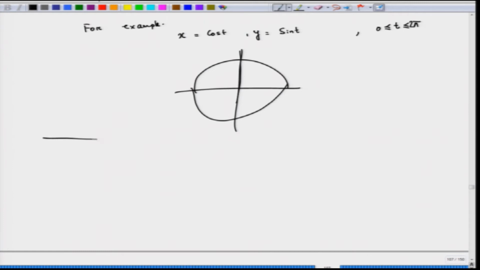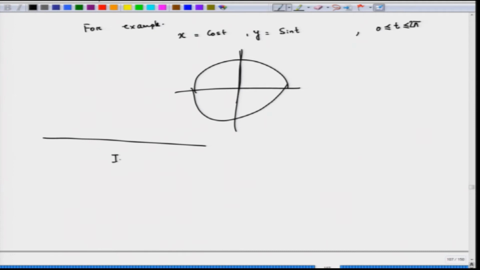Now, for the time being, let us see that some curves given by parametric equations can also, by eliminating the parameter, be written so that y is some function of x.